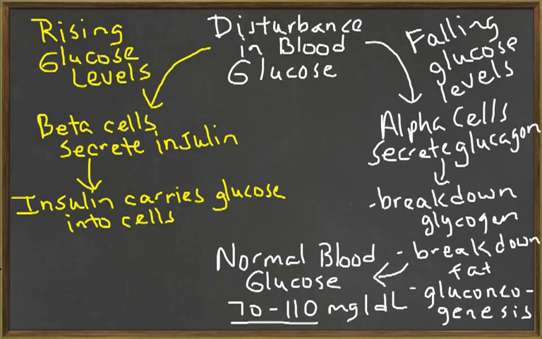The other thing insulin does is it causes the cells to use the glucose that has been transported into the cells. In this way, the cells can create more energy, create more ATP, but also we're able to get rid of the glucose that was causing the high glucose levels. Another thing that insulin does is it will cause glucose to be converted to glycogen.